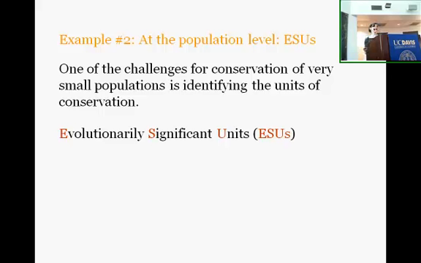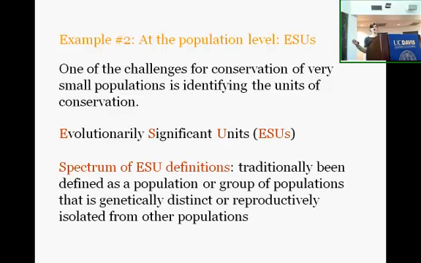So there have been a lot of different definitions in the literature, and I won't belabor the debate about this, except to give you the idea that there's a spectrum of ways to define ESUs, but that many of them have to do with defining populations or groups of populations that are distinct genetically or distinct reproductively in some way.